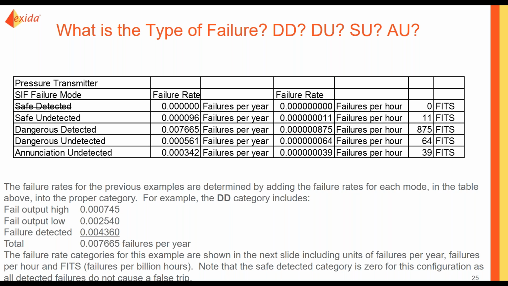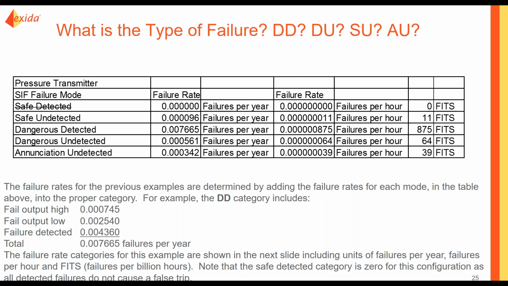So you're going to have your failure rate of your fail output high, that would be dangerous detected. Fail output low is dangerous detected, and fail detected is dangerous detected. Adding up the failure rates that we were provided with before, we then come up with your total dangerous detected failure rate.